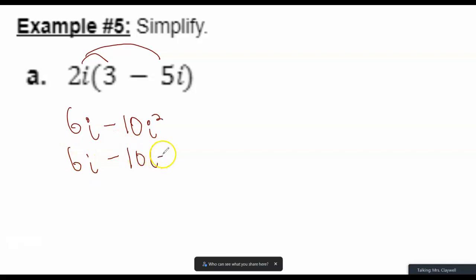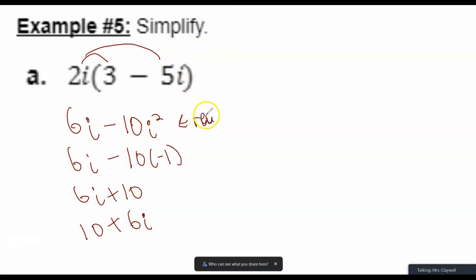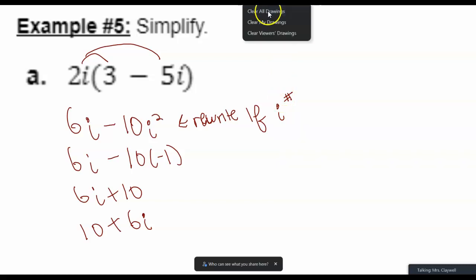We know an i squared is a fair trade for a negative 1. So we just have to rewrite if we have something like i to a number that's not 1. We're going to see this in the next problem as well.